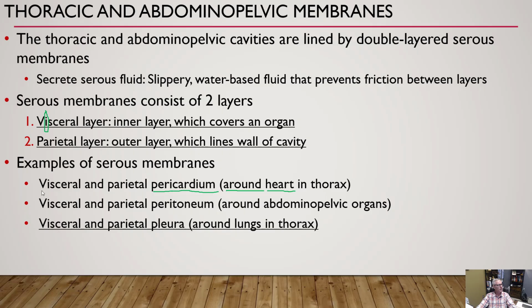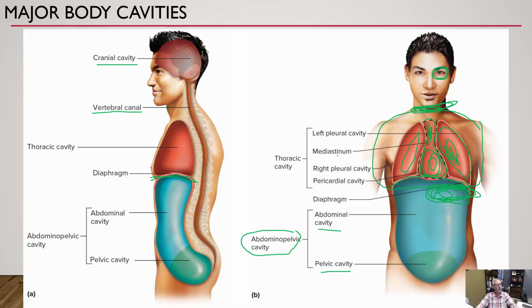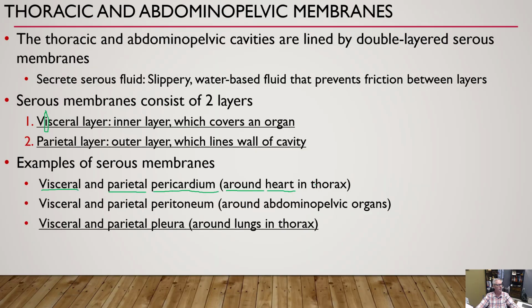We would have a visceral pericardium that surrounds the heart, and the parietal pericardium lines that pericardial cavity. We have that pericardial cavity right here. So we have that visceral pericardium that surrounds the heart, and the parietal pericardium that lines the pericardial cavity.